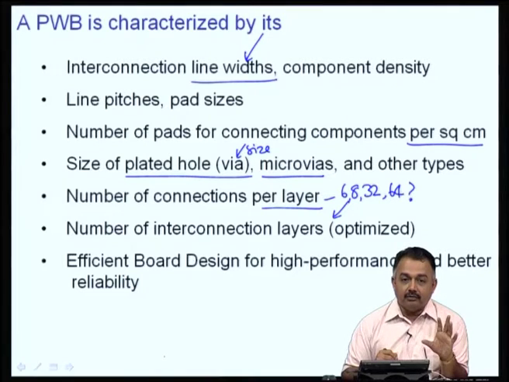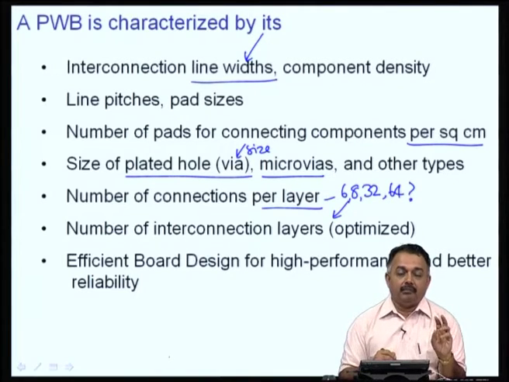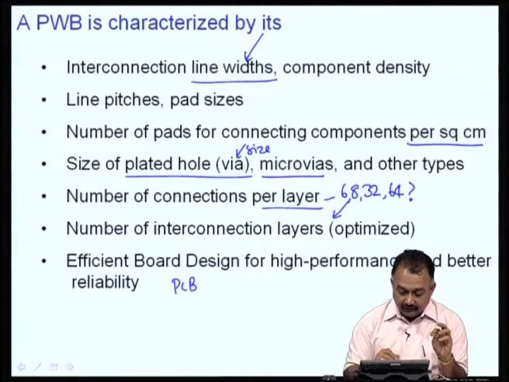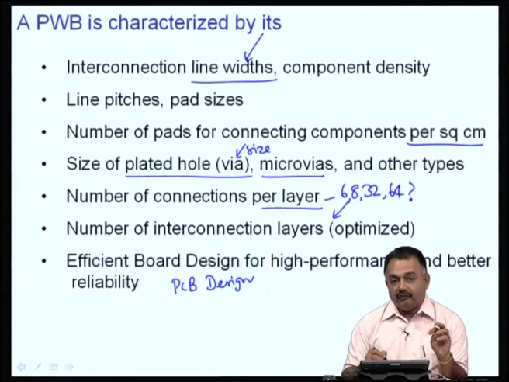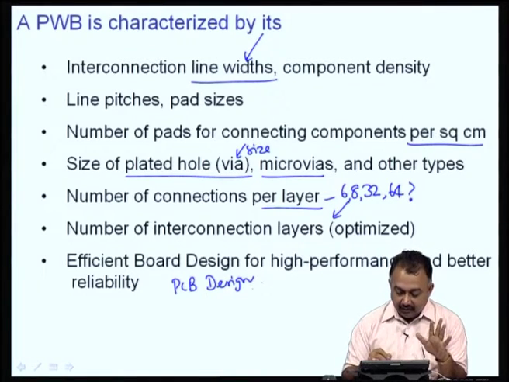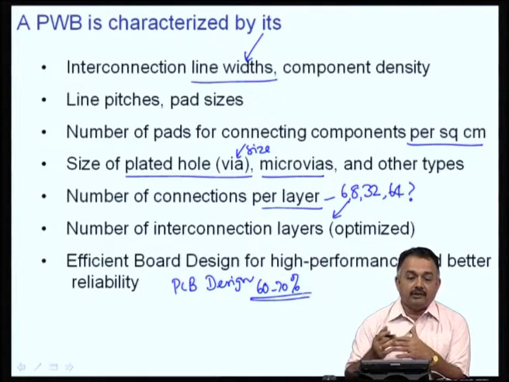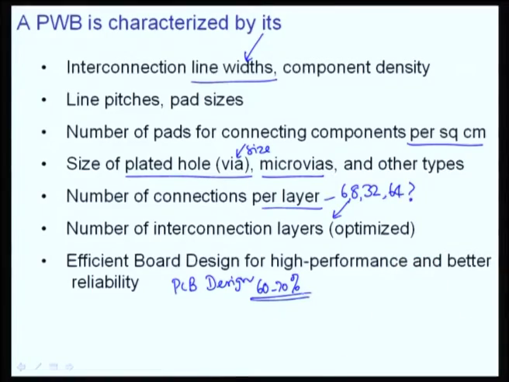I can tell you for sure that for any product, if you are doing a PCB design, just as VLSI engineers spend a lot of time on VLSI CAD, PCB design engineers will spend almost 60 to 70% of the product planning time on design, because the remaining 30% can easily be done by fabricating the PCB, assembling it and testing it.